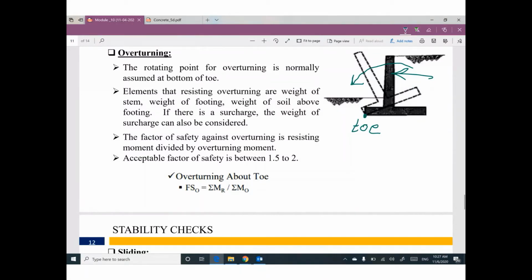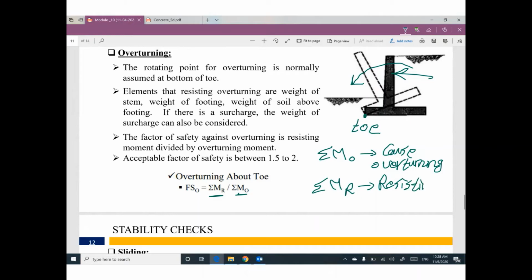So we have two moments. One moment, summation MO, causes overturning, trying to overturn the retaining wall. We have another moment, resisting. Let me explain it here in more detail.